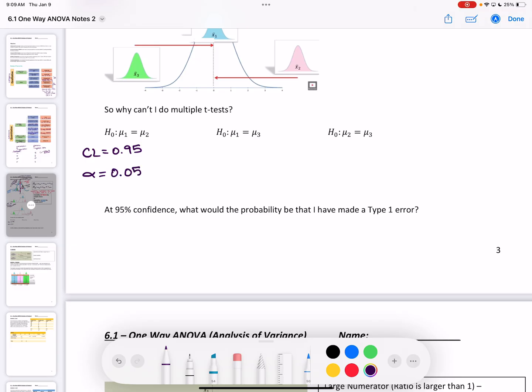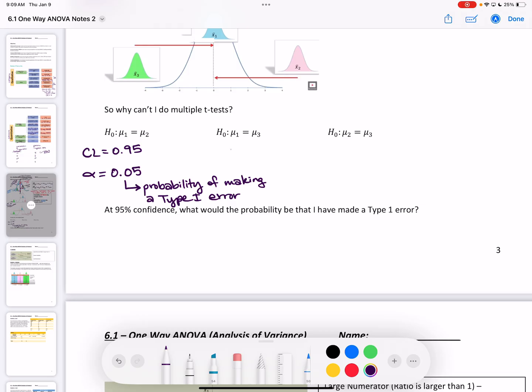0.05. Which means this is the probability of making a type, which one? Yep. Of making a type 1 error, which is when we incorrectly reject the null, okay? So 5% chance we're going to incorrectly reject the null, all right?